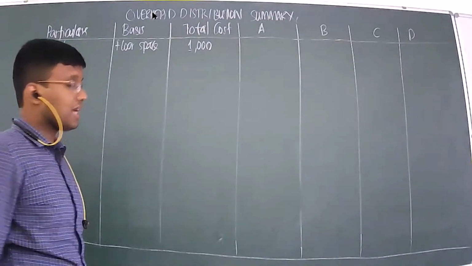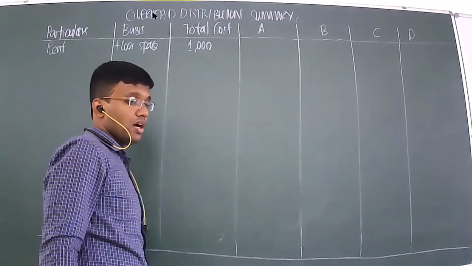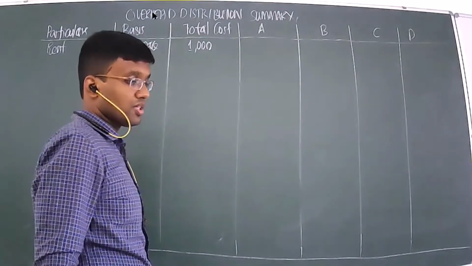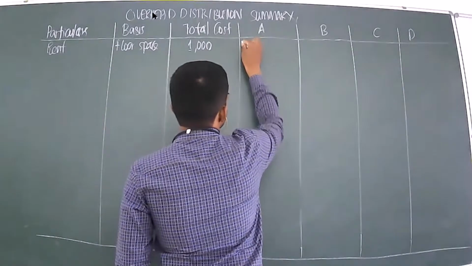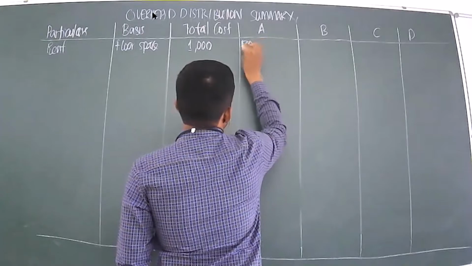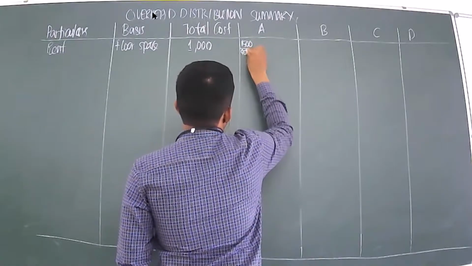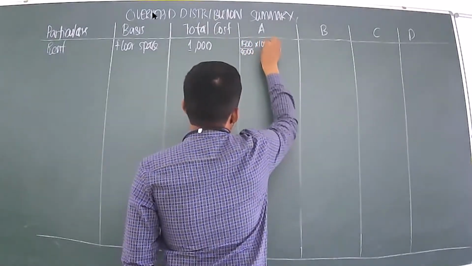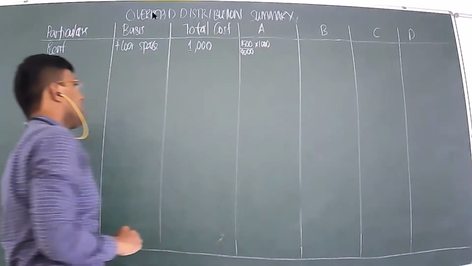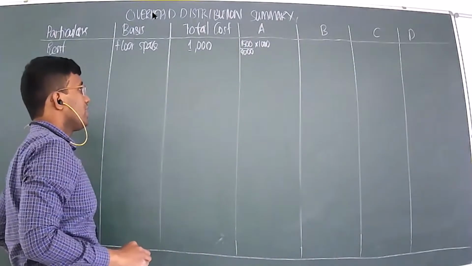When you add that together, the total works out to be 4,000. So for A, it is 1,500 divided by 4,000 into 1,000.